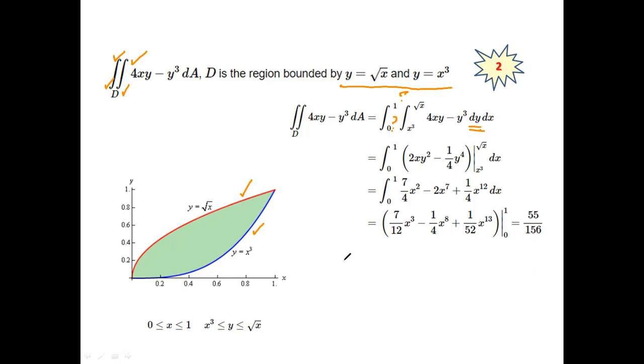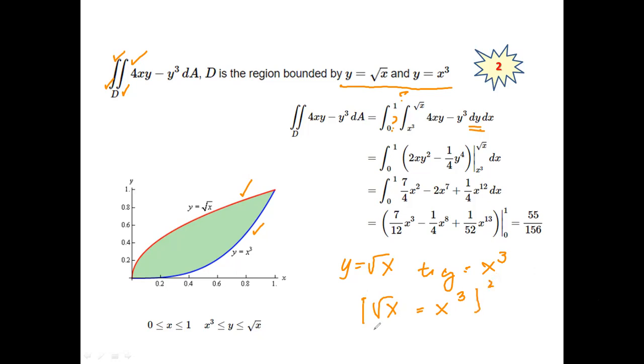So when you equate y equal to square root of x to y equal to x cubed, it would be something like this. Oh, sorry, x cubed. It's only x here. Now since we have a square root of x here, might as well square this.